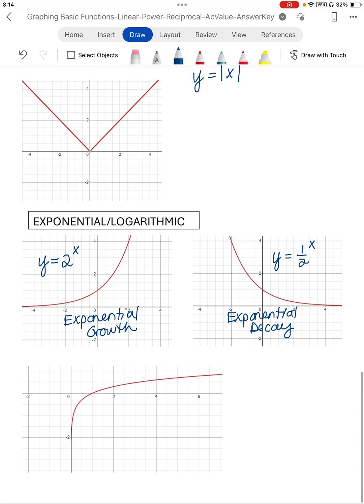All right, and this last one here is our logarithmic graph, and we will do more with this as we get further along this semester. And this would be y equals log of x. That's a base 10 log. And like I said, this is just an example of how those look, so they could just be on your radar. And you can see that this guy right here is heading south pretty quickly.